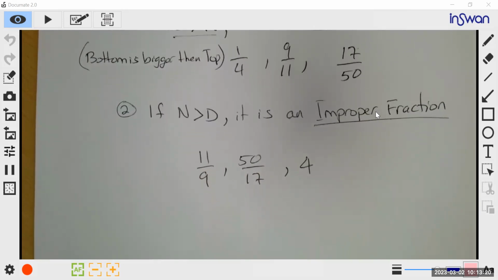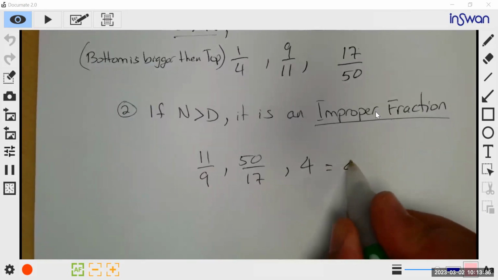Those are all examples of improper fractions. Why is 4 an improper fraction? Very good. Because it's 4/1.